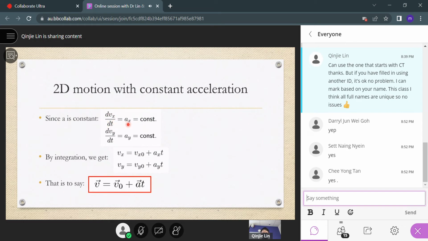This dv over dt is our acceleration, is constant. And then in another direction, right, because now 2D, after we have x, we also do the same thing for y, which also must be constant for this to be valid. Then we go and integrate both. We will get this equation. Actually, they are all in this same form. Okay, v equals u plus at. They are all in the same form.